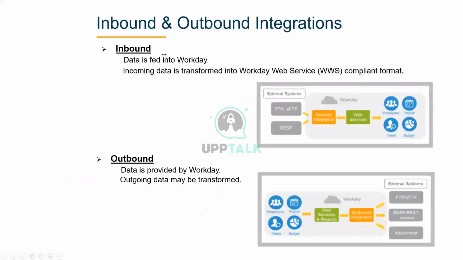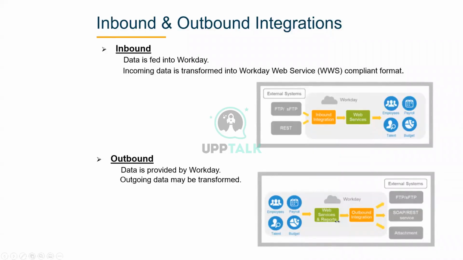So far, what we have seen is the inbound from EIB. We can also pull the data from REST as an inbound integration using the web services for the particular functional area like employees, payroll, talent, and budget. We can ingress the data into Workday, and XML for outbound. We can use these functional areas as the sources for our reports or integrations.